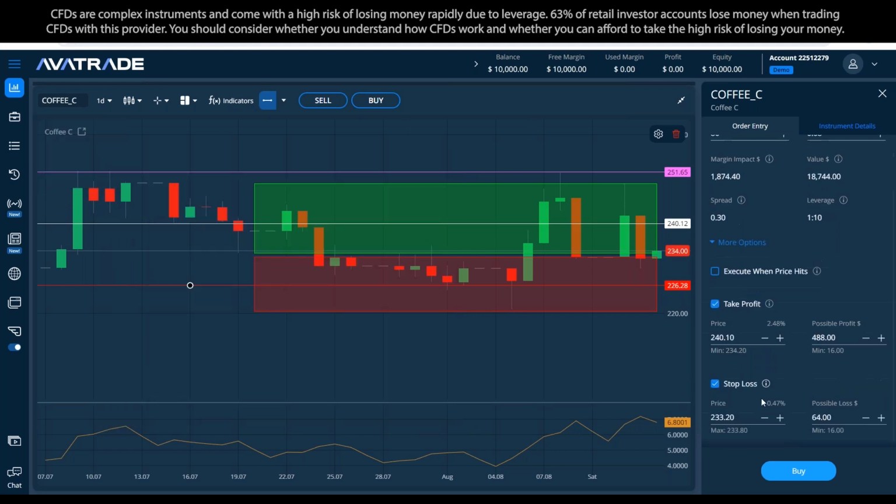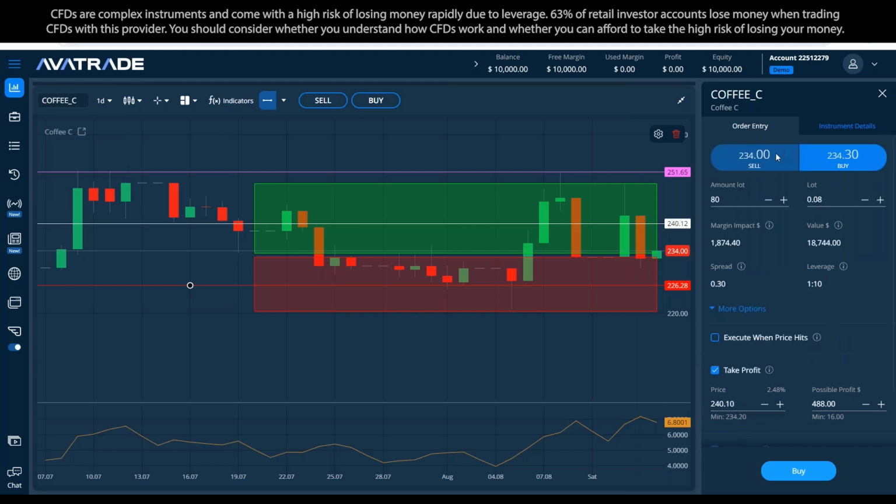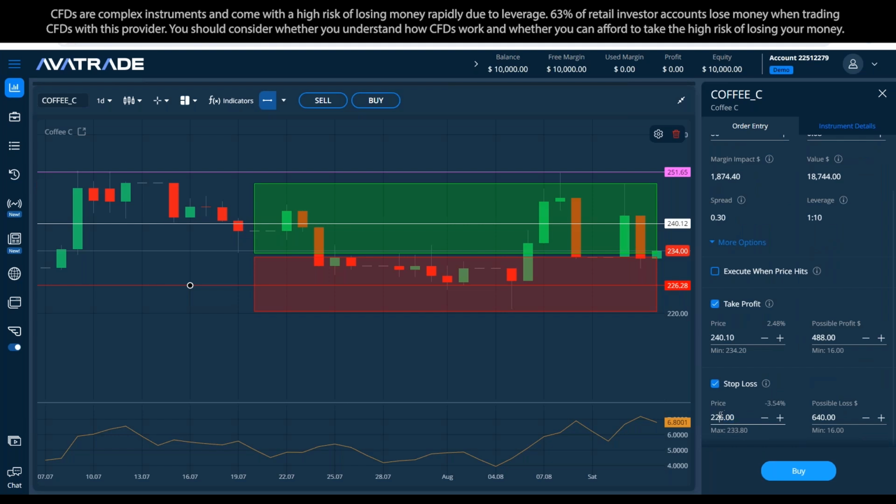Okay, let's test it out. Okay, it increased. Oh, it increased by $1. Let's increase them by $1 as well, and let's increase that by $1 as well.